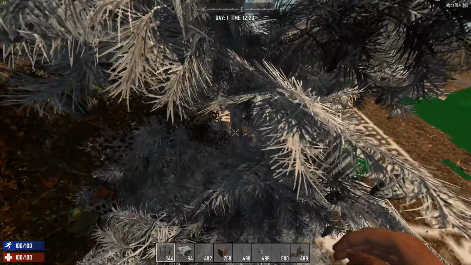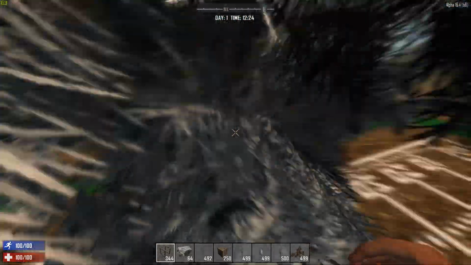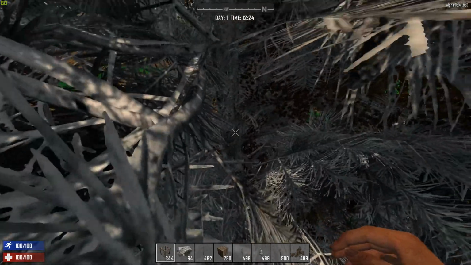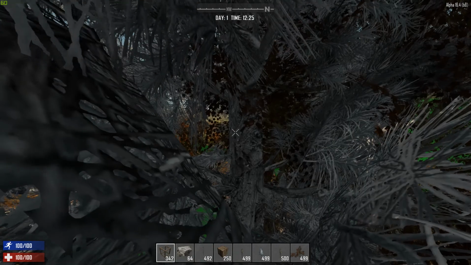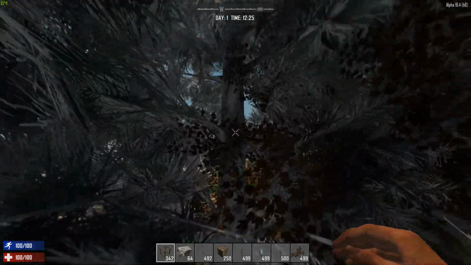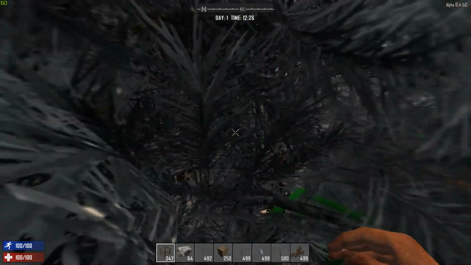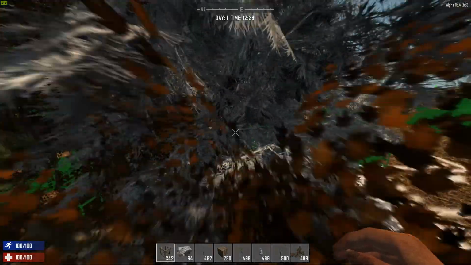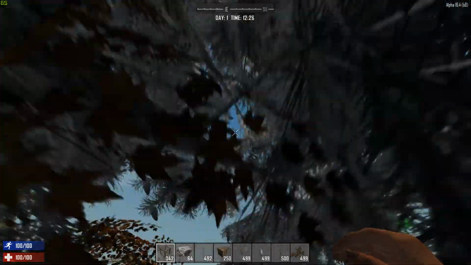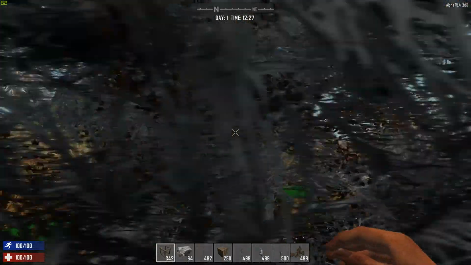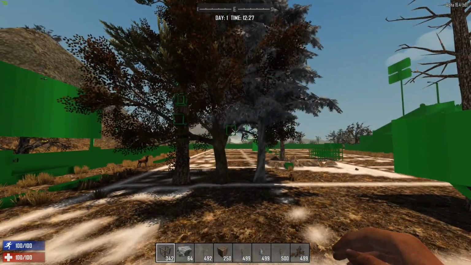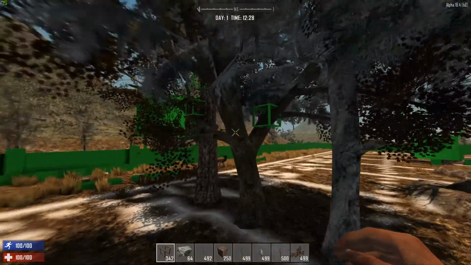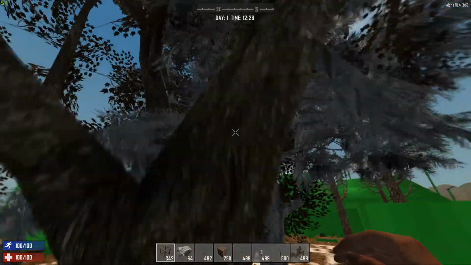And same thing for this tree here. Not as easy, not as high. Yeah, I cannot go any higher on this tree here. It's not allowing me to. So if you want to build high, you see that the maple tree has very little.